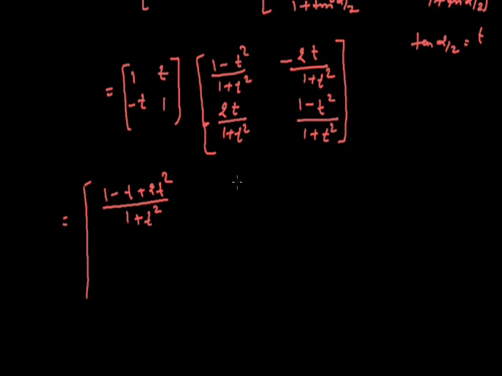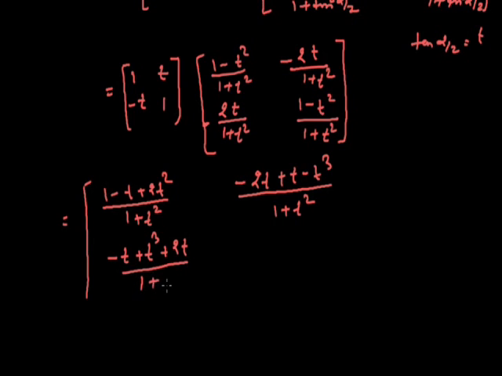Now similarly here I get 2t plus t minus t cube upon 1 plus t square. Similarly minus t plus t cube plus 2t upon 1 plus t square, and here 2t square plus 1 minus t square upon 1 plus t square.